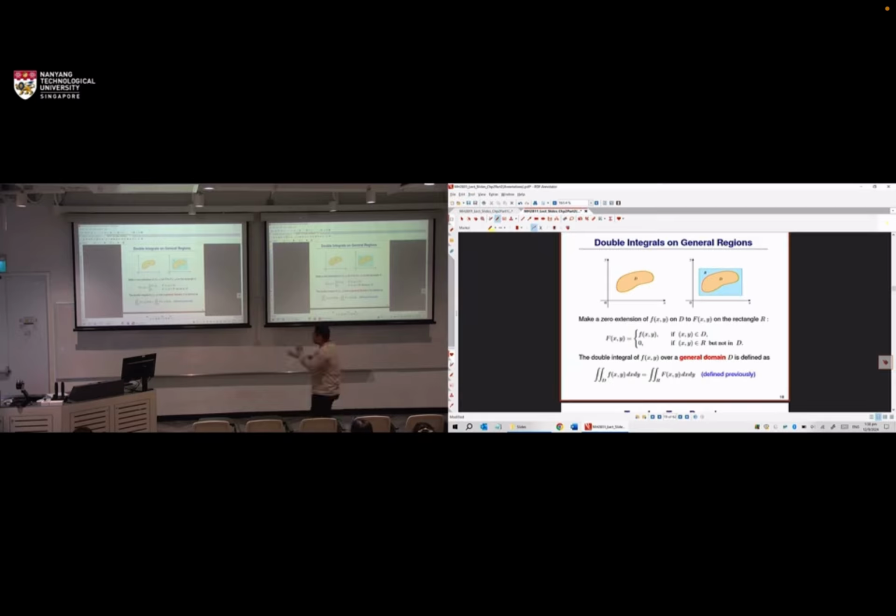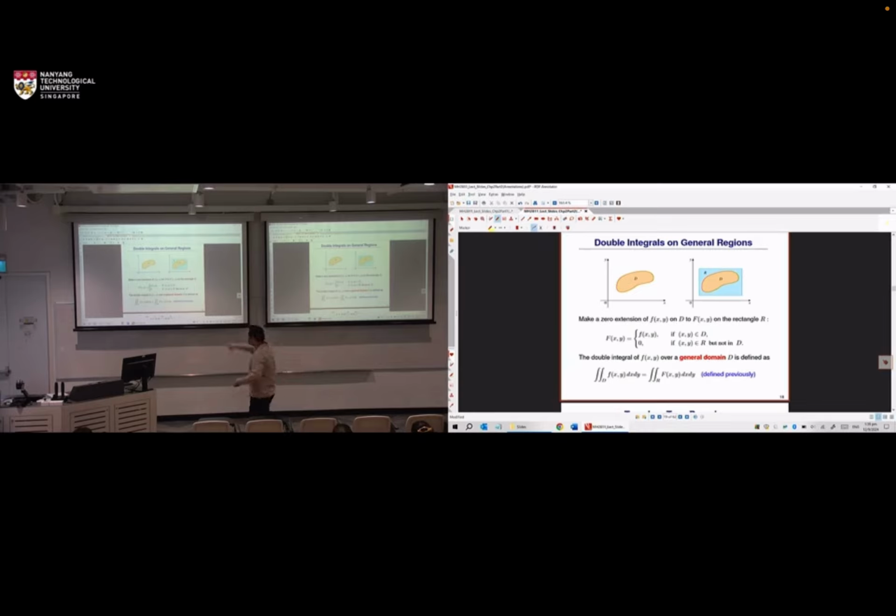So basically, this is our interested problem statement. The region D is any free shape. Now we try to link it back to what we have studied in the rectangular region, so that we can come up with a new formula.